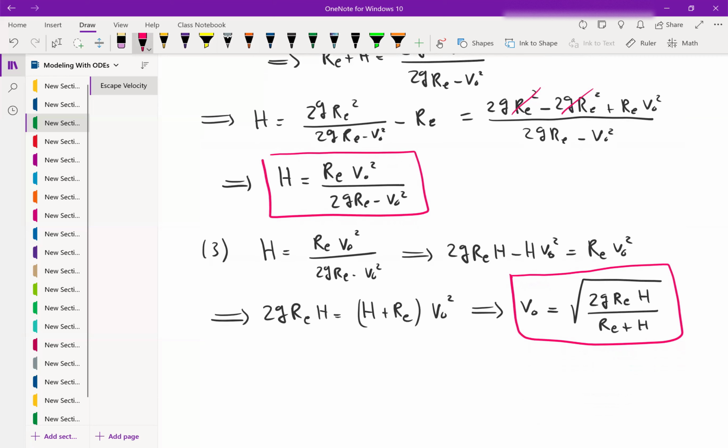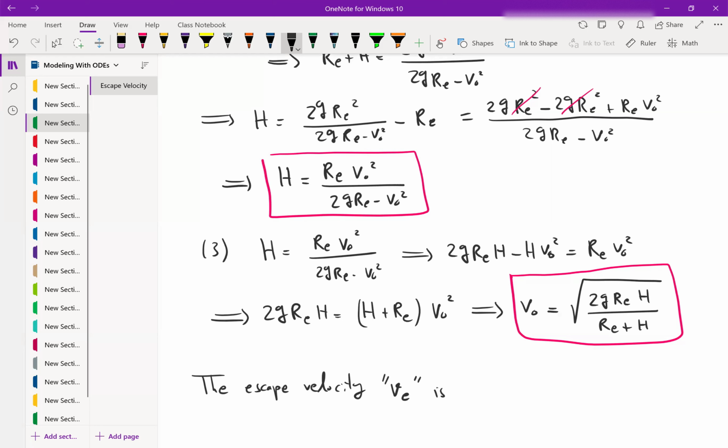So let me write this down. The escape velocity, let me denote it by the VE subscript. The V0 that gives me the maximum altitude infinity, in a sense, I'm going to call it VE. The E stands for escape velocity.